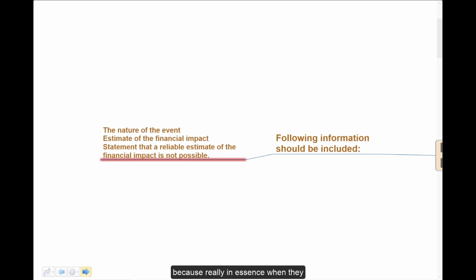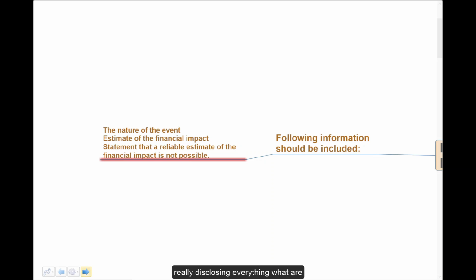Because really, in essence, when they require disclosure, you sort of disclose everything. So my point is, if you're ever stuck in a question, whether or not it's in FA or elsewhere, let's say in strategic business reporting or financial reporting, or any area that requires you to relate to an accounting standard in the area of disclosure, your answer should be disclose everything.